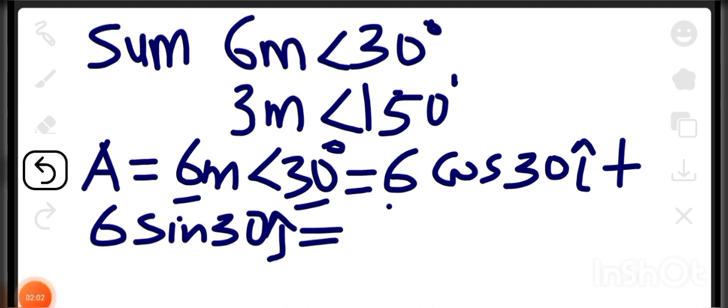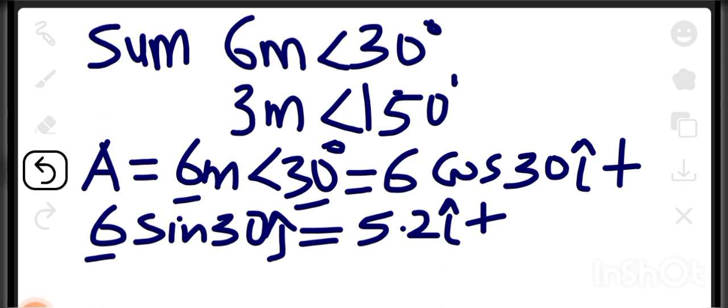If you do 6 cos 30, you're going to have 5.2. This one is for x, you put i. Plus you do 6 sine 30, you're going to have 3. This one is for y, you put j.